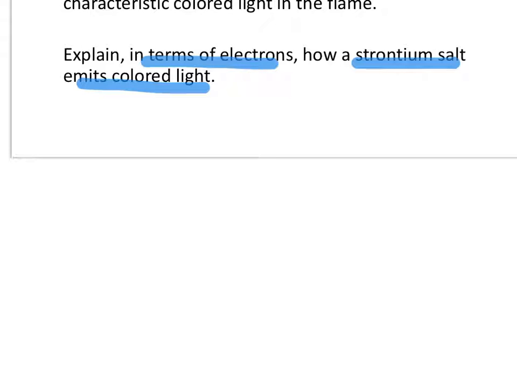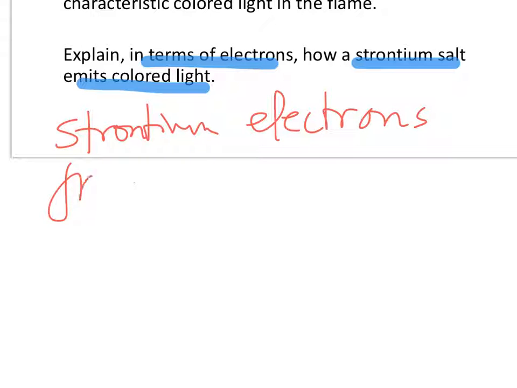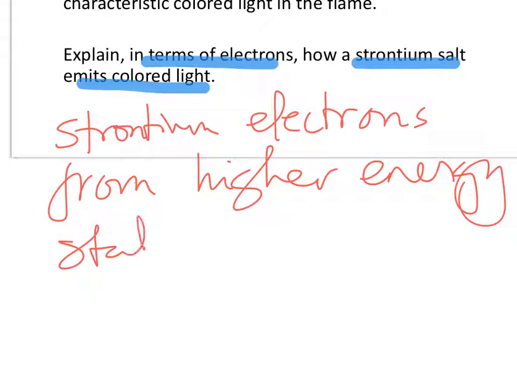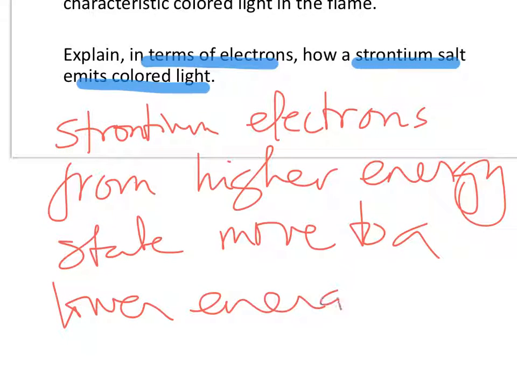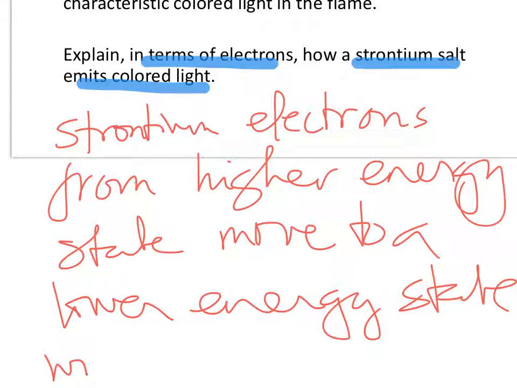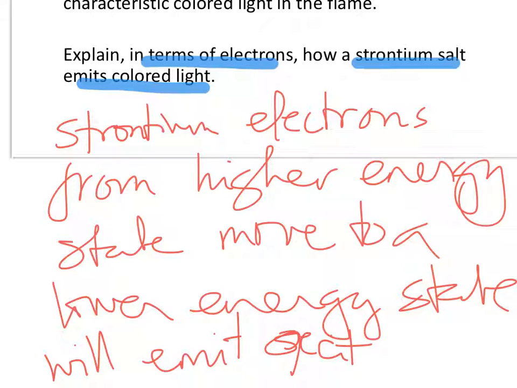So you're going to say that strontium electrons from a high energy state move to a lower energy state and will emit a specific amount of energy in the form of light.